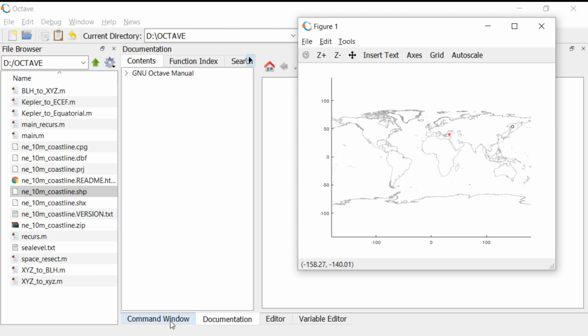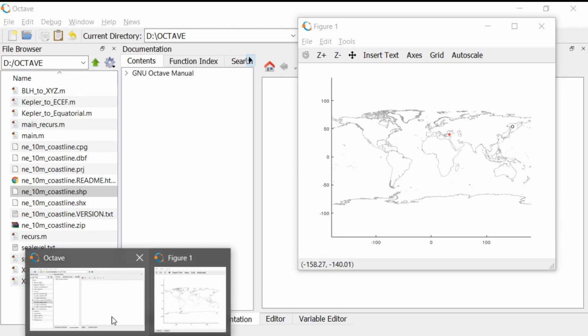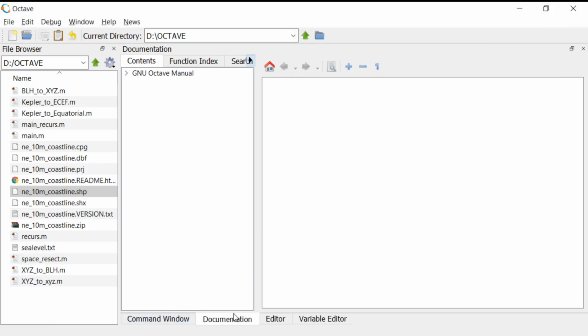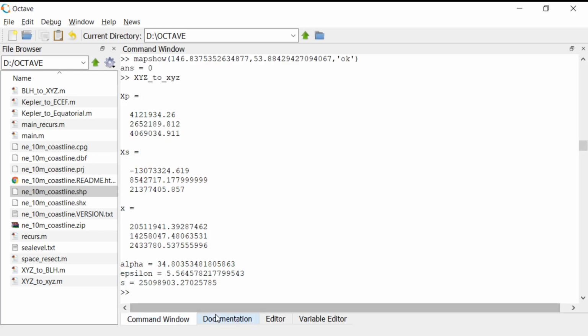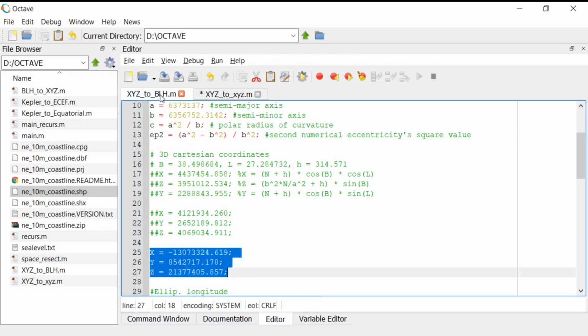For example, what about our second satellite here? Let's compute the geographical coordinates for my second satellite.